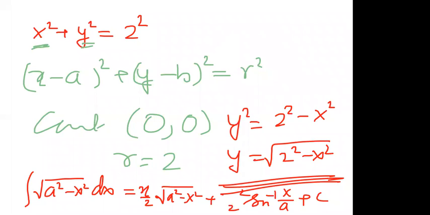It is x/2 and it is a²/2. So the integral of √(a² − x²) dx is equal to x/2 √(a² − x²) plus a²/2 sin⁻¹(x/a) plus c.